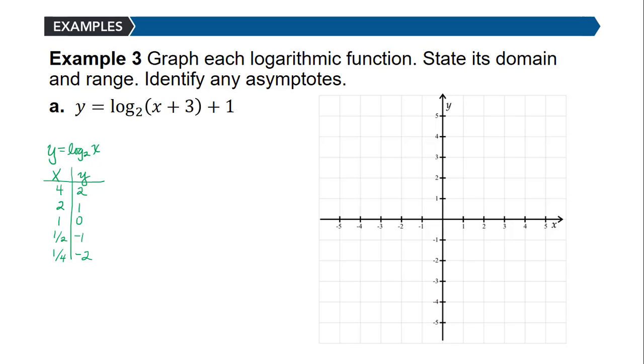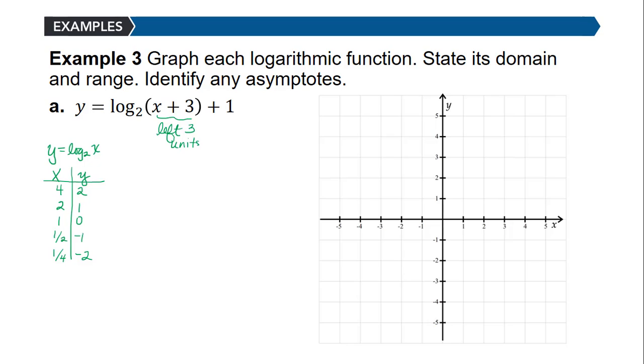So think about those key points. And then what we need to know is how log to the base 2 of (x + 3) plus 1 transforms this basic shape. Remember that the plus 3 on the inside is an inside change. We'll shift the graph of log to the base 2 of x left 3 units.